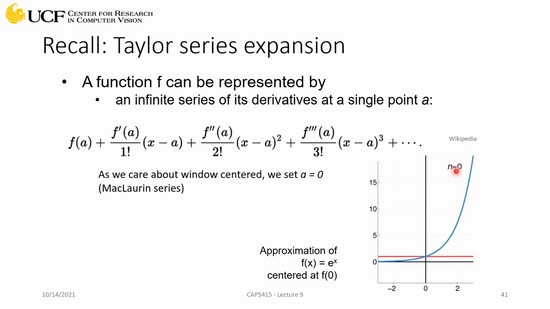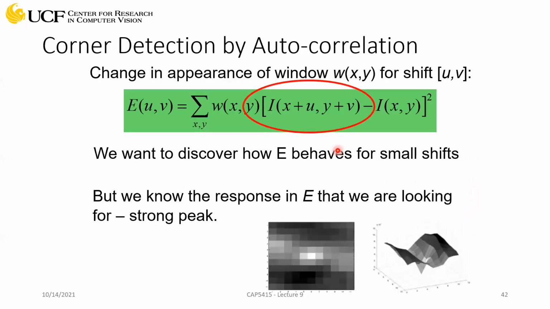But as you increase the number of terms, the approximation gets closer and closer to your actual exponential function. So this series can be used as an approximation. And again, we are going to do the same thing. We are going to approximate this function, and we are going to use the second order approximation. Again, I'm not going into a lot of details because that will be too time consuming.